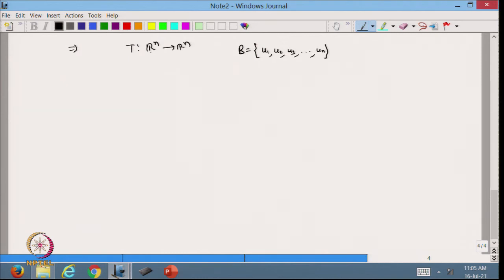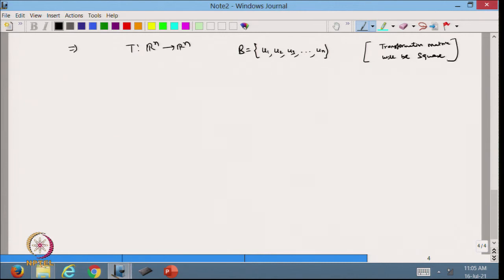So, now we have the transformation from R n to R n, then from here one thing is clear that the transformation matrix will be square.